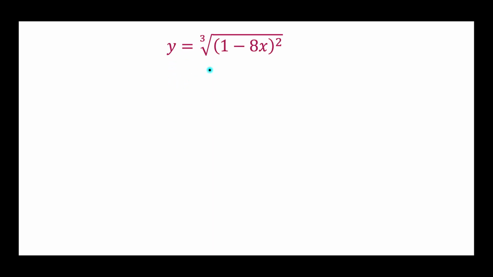Let's look at another one now. This time, of course, we need to simplify this. So we will simplify this down to, now that's a cube root and that's a power there, to the power of, so the power is 2 and the root is 3. So that's my function.